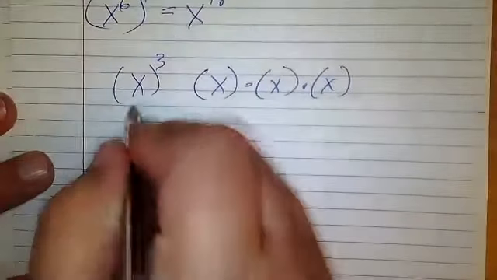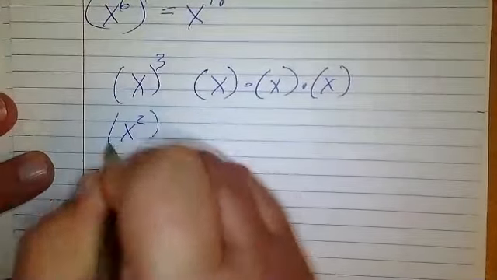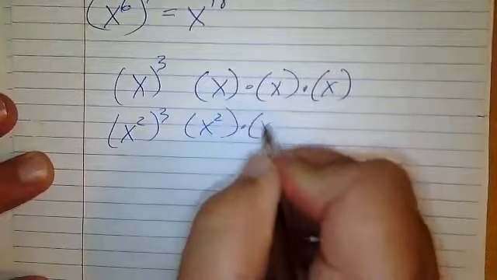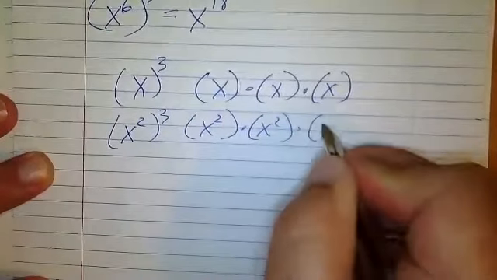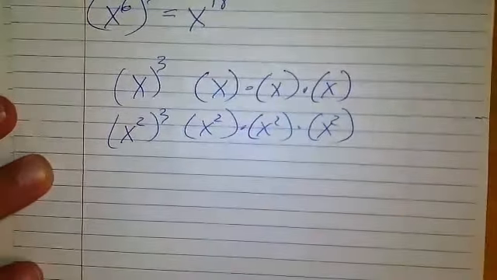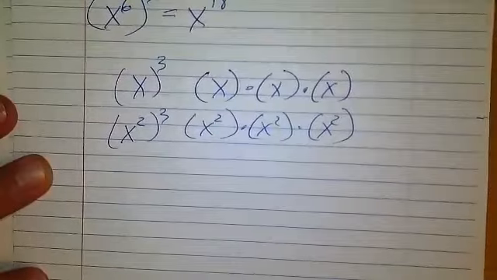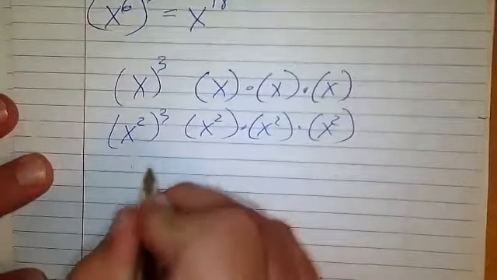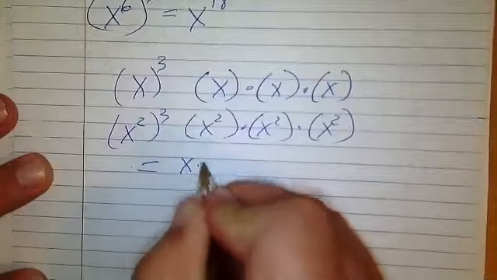All right. Now, if I have x squared to the 3rd, it literally means this then, right? Doesn't it literally mean that? Yeah. Okay, so let's go another step. So that means it equals x times x.